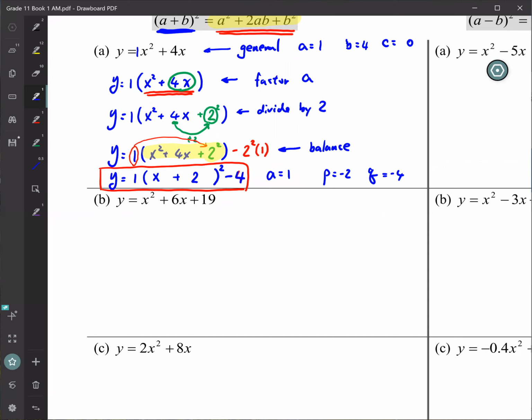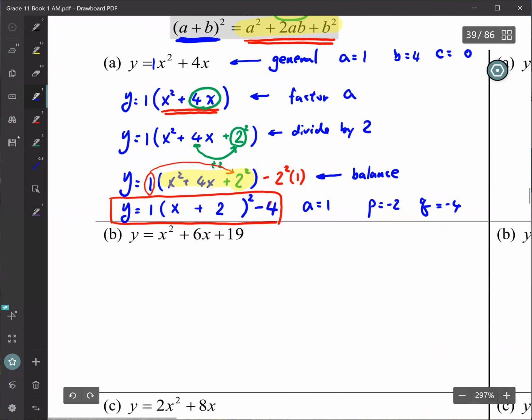Starting from question B, you just follow the same steps. But here is a little bit different, you have an extra 19 at the back. So what I would like you to do is pretend it's not there. You can get an eraser, not erase it, just cover it. Pretend it's not there for now, and try to do this in one line first.